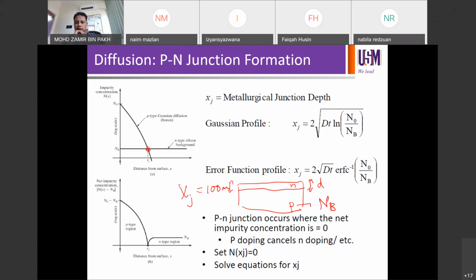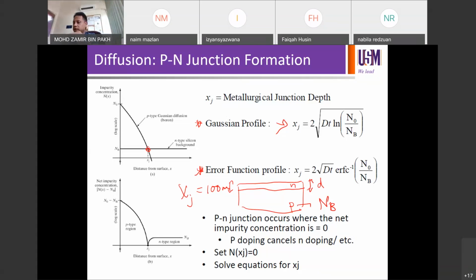And you can calculate this by using the Gaussian profile or error function profile. For the Gaussian profile, xj is given by the first equation: 2 times the square root of the Dt product times ln(N0/NB). So the Dt product is important again in this case. N0 is the surface concentration of your dopant, and NB is the background doping of the wafer.